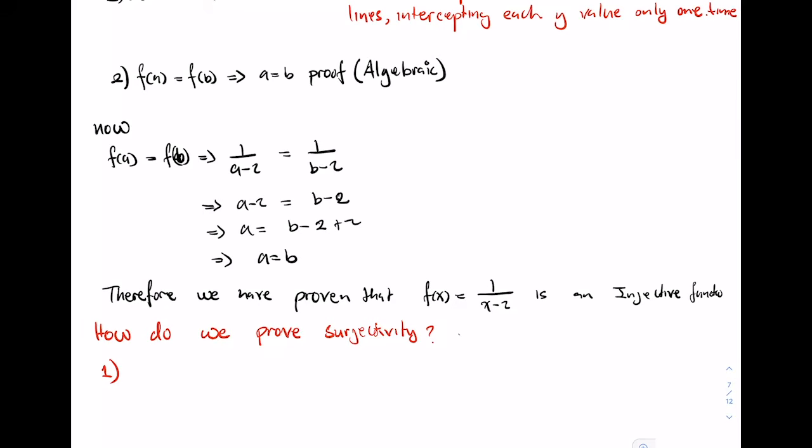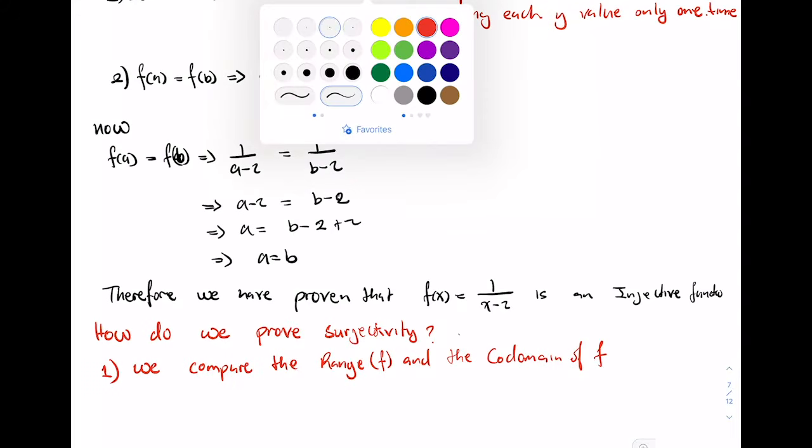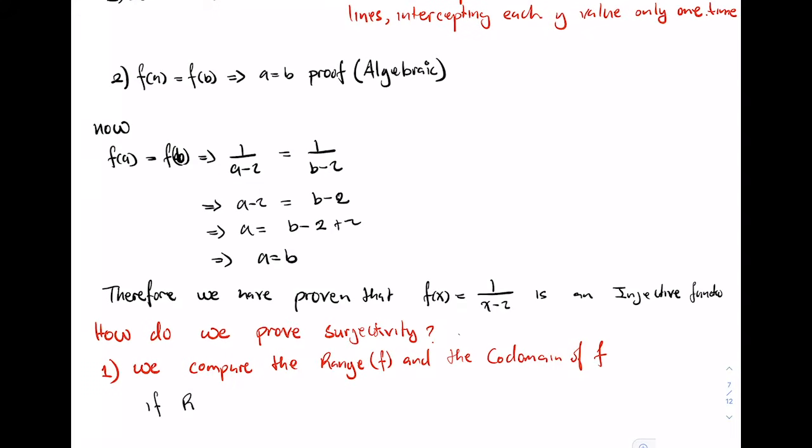Okay, so we compare the range of f and the codomain of f. All right, so if the range of f is equal to the codomain of f, then f is surjective.